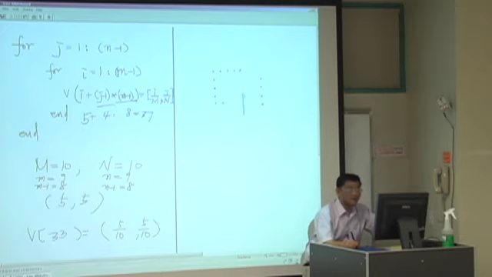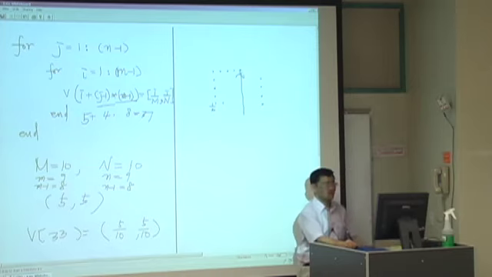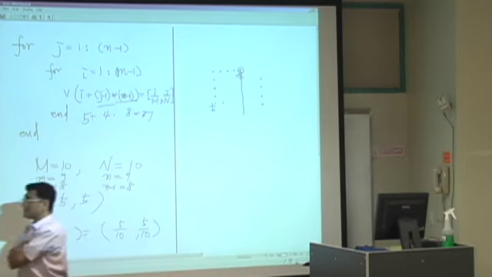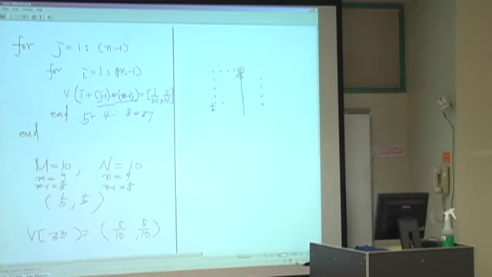This is the point. This is 1/10, and then 2/10, 3/10, 4/10, 5/10, right? So this is the position. So 37th position is determined. So this way, we can assign vertex number for individual coordinate or nodes that we decide to use.